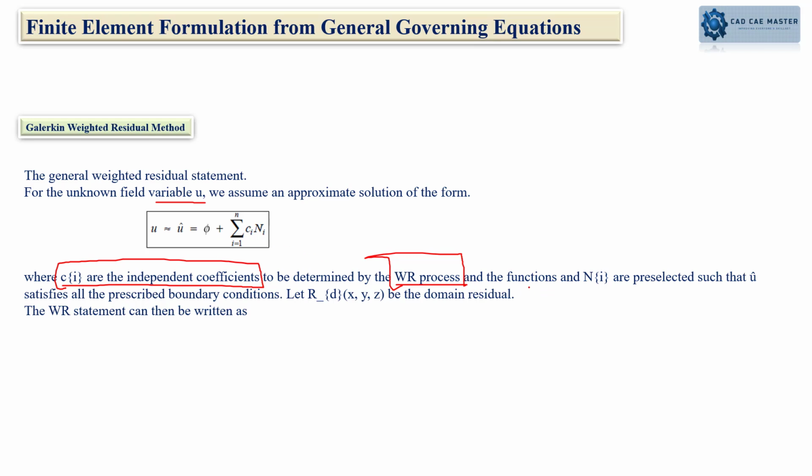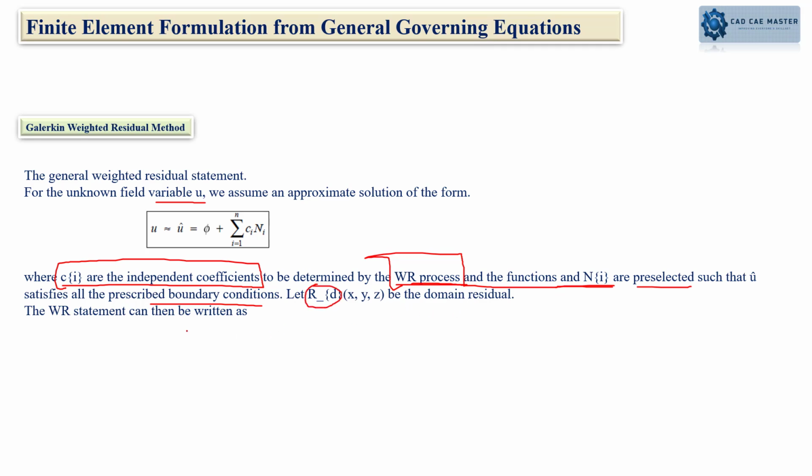The weighting function and the function Ni we keep as pre-selected, because these help us satisfy all the boundary conditions. Here we consider R_D(x, y, z) as the domain residual. So this is the domain residual.